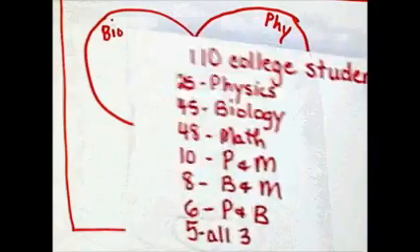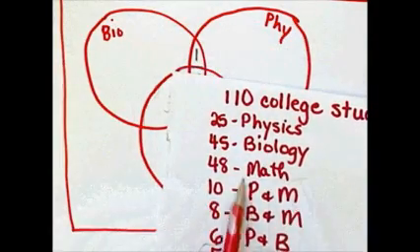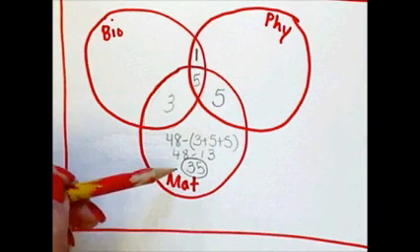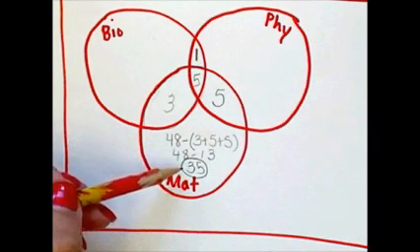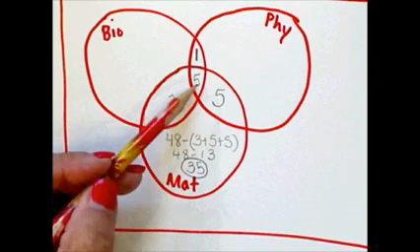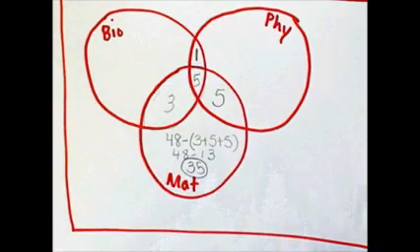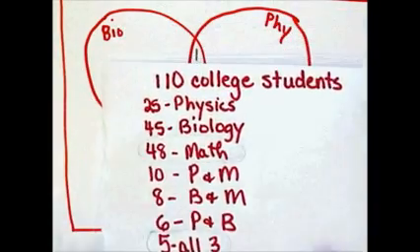Now, let's go back again. We have 78 total that are taking math. So let's see, do all those equal 78? 65 plus 10 is 75, plus 3 is 78. So yes, they do. All right, now we have 45 taking biology.